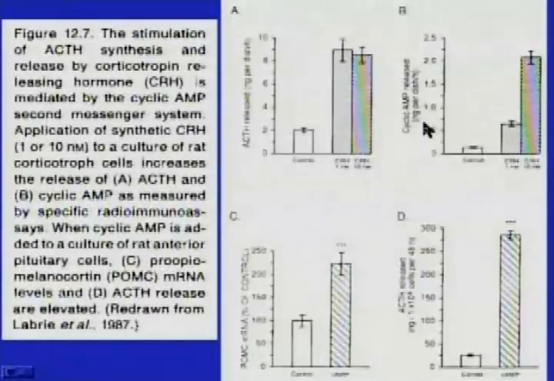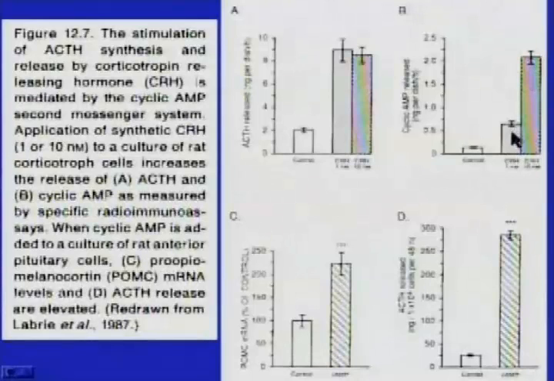The interesting thing is that the cyclic AMP is being measured in the medium, not by harvesting the cells. So somehow the cyclic AMP is escaping from the cells, and you can measure it in the medium. We see the control levels are quite low, but we do see a dose response in cyclic AMP between the two different concentrations of the CRH, the 1 and the 10 nanomolar.